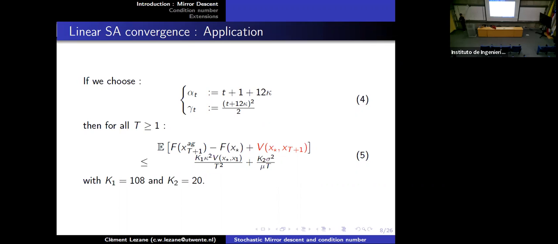That's to use the convexity, f of x star.